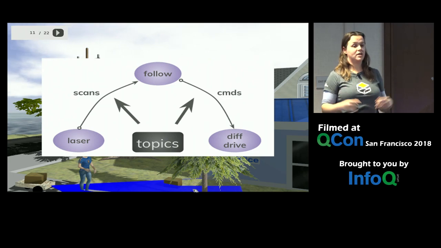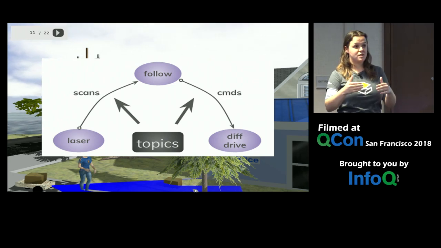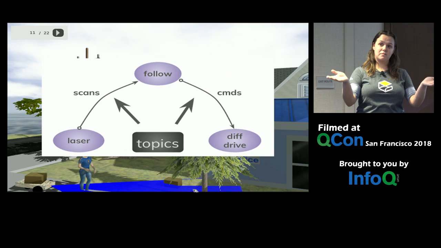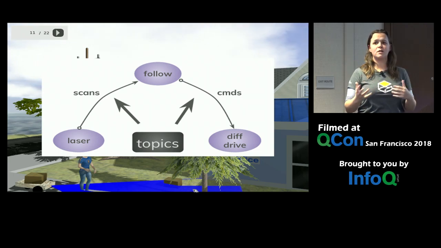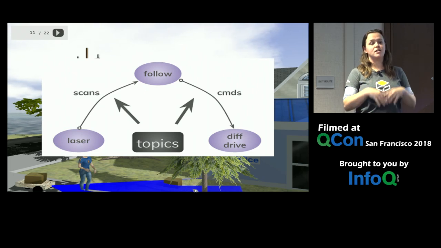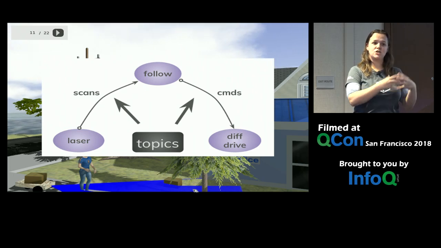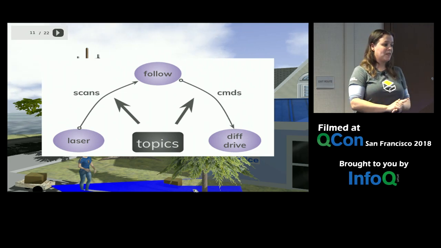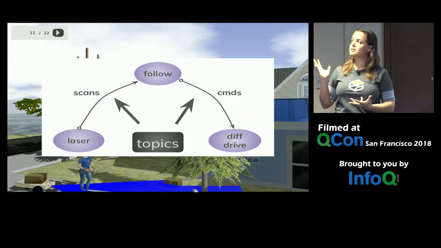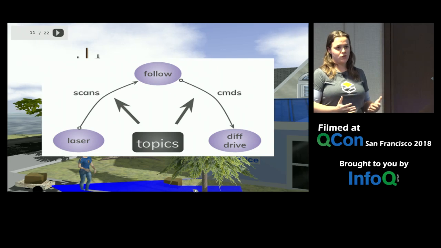It's many-to-many, so you can have many nodes publishing in the same topic, and many nodes also subscribing to that same topic. And they don't care where the information is coming from. They just care that it's coming. It's a certain message of a certain type that is coming through a certain channel, which is that topic.